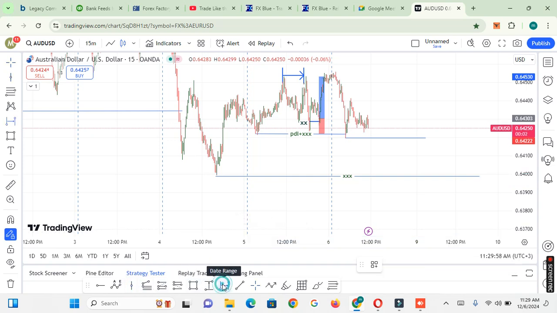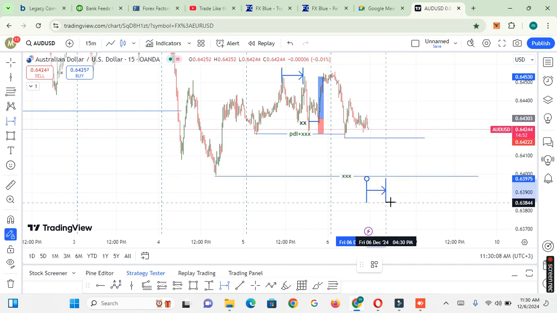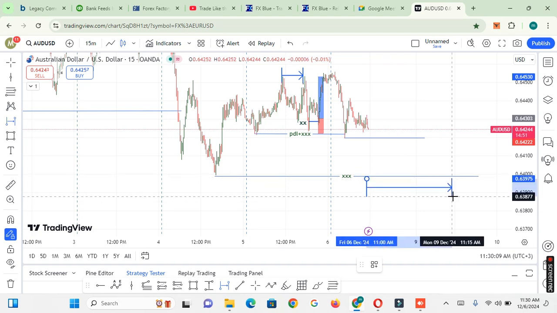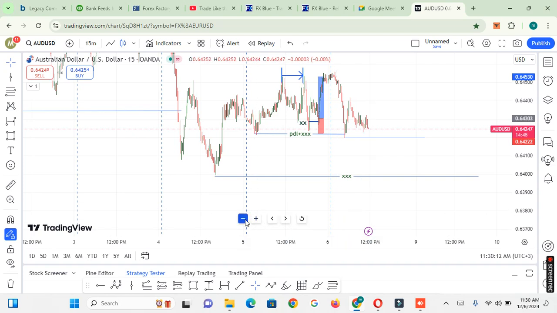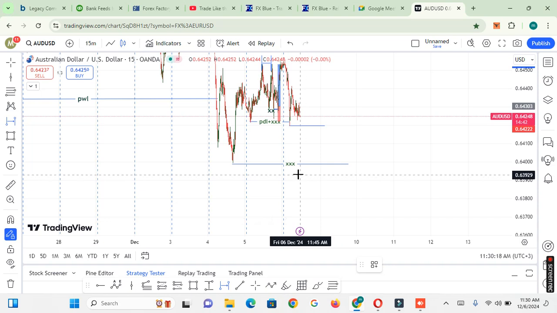So let me draw my window. I would like to see price from this zone. I will be ready to see what price will be doing at this window. Okay, I would like to see price behaving here.